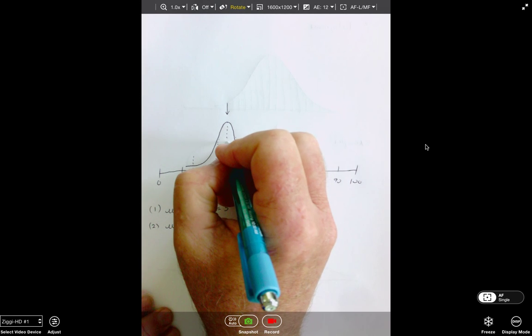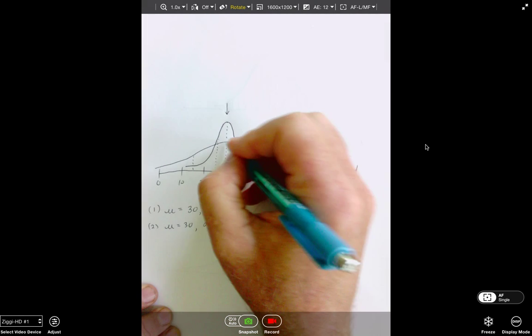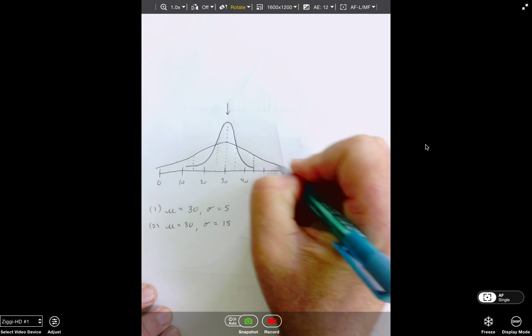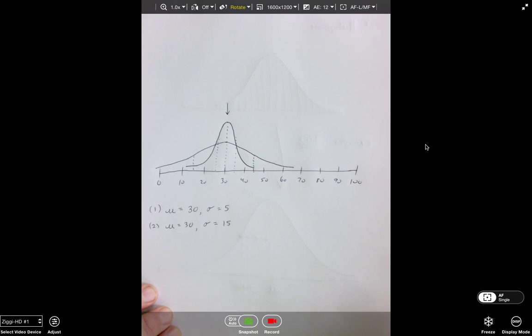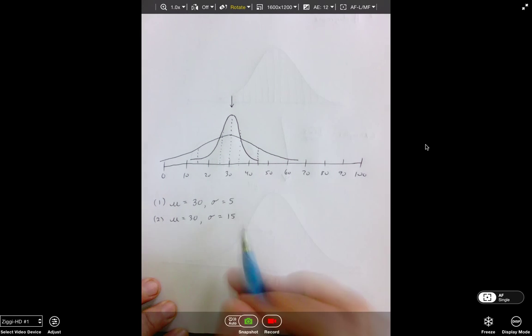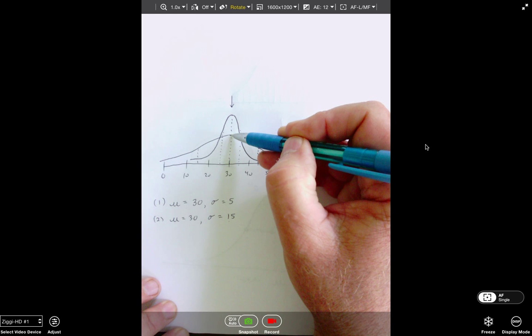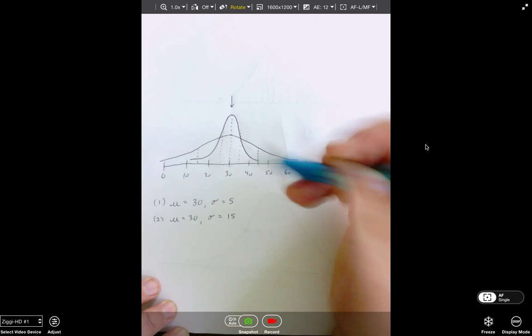So to make that happen, we have to flatten out our distribution and get a normal distribution that looks something like this. Guys, you get normal distributions in all different shapes, sizes, and fashions. The higher the standard deviation, the flatter the peak will be at the mean.